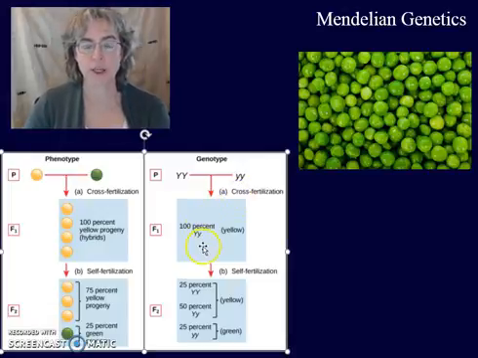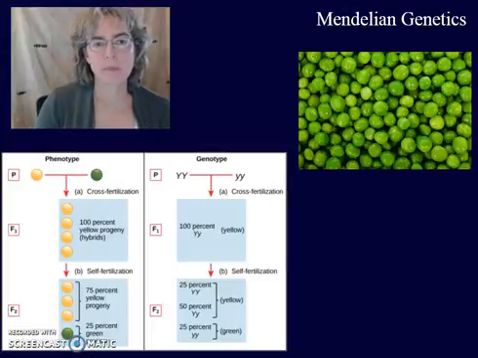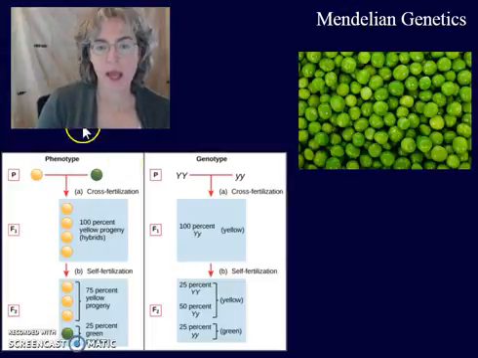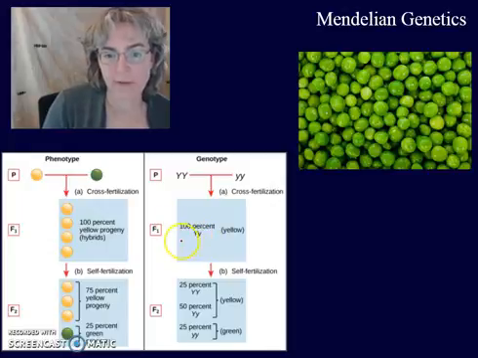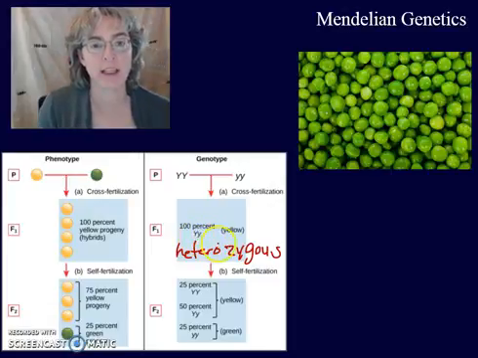So in our first generation, we are going to have a heterozygous individual. So this is heterozygous. And that means that there are 2 different alleles.